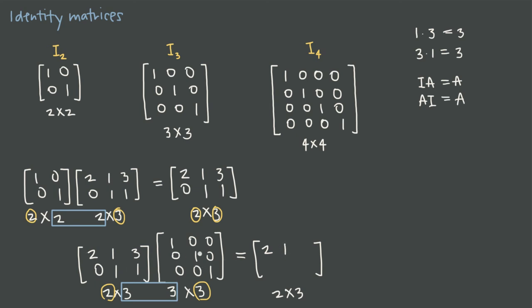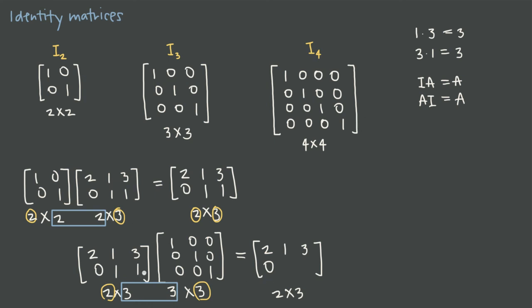And then 2, 1, 3 times 0, 0, 1. 2 and 0 gives me 0, 1 and 0 gives me 0, 3 and 1 gives me 3. And then the second row times the first column, 0 times 1 is 0, 1 times 0 is 0, 1 times 0 is 0, I have all zeros.